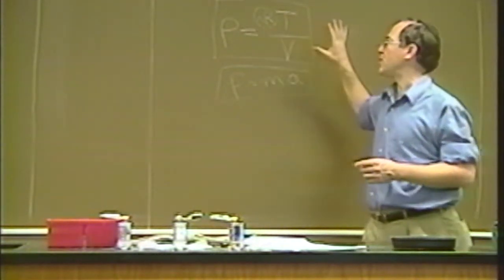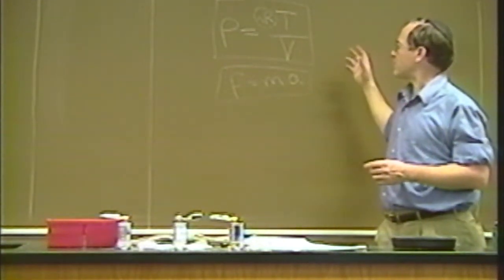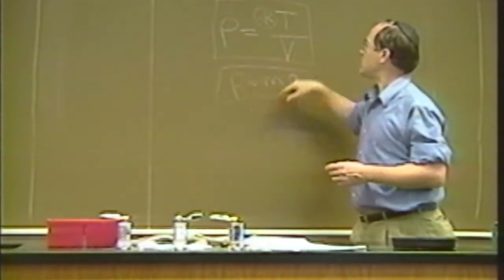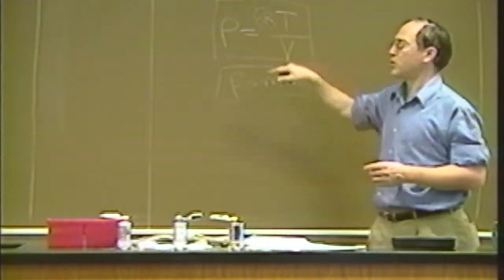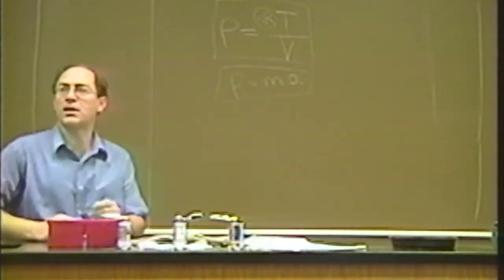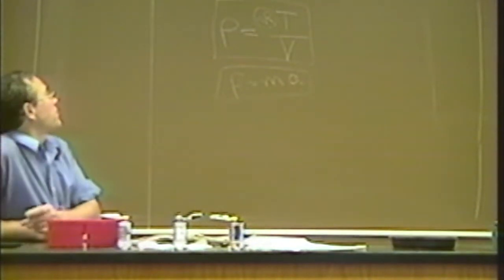But in terms of the fundamental aspects of nature, which one, this or this one, do you think tells you more about more fundamental aspects of nature? Or are they the same?